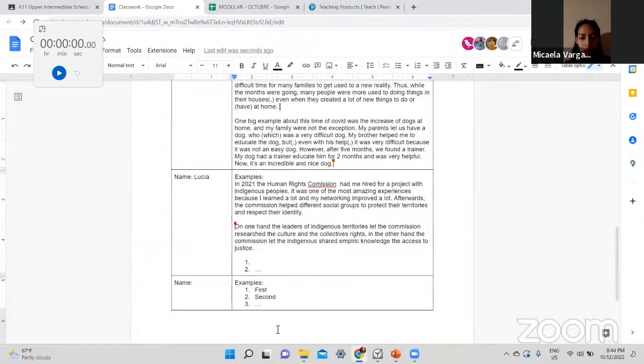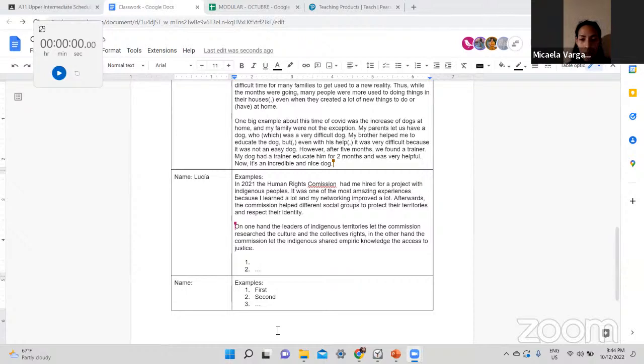Okay. In 2021, the Human Rights Commission had me hired for a project with indigenous people. It was one of the most amazing experiences because I learned a lot, and my networking improved a lot. Afterwards, the commission helped different social groups to protect their territories and respect their identity.